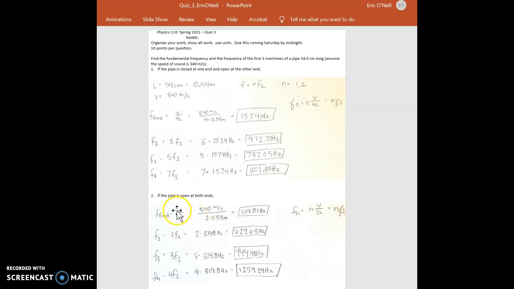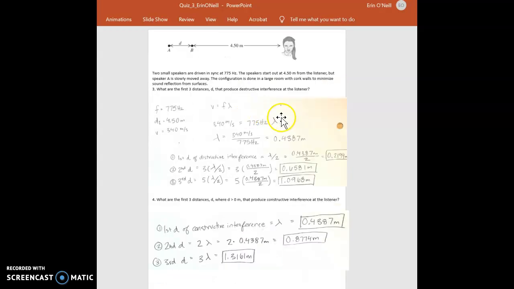And so, again, finding the fundamental frequency, we get 314.81 hertz, and then multiplying that through 2 times F1, 3 times F1, 4 times F1, basically just to find what these are.